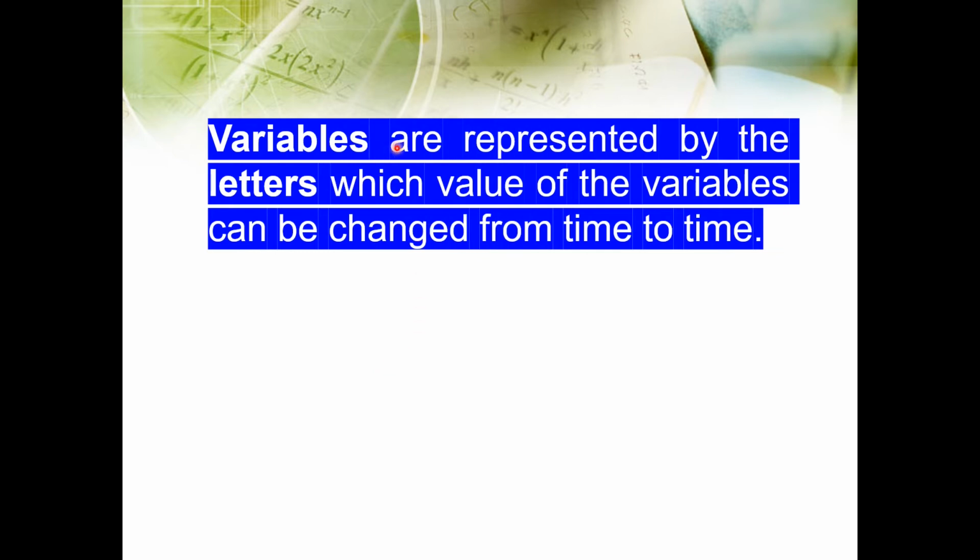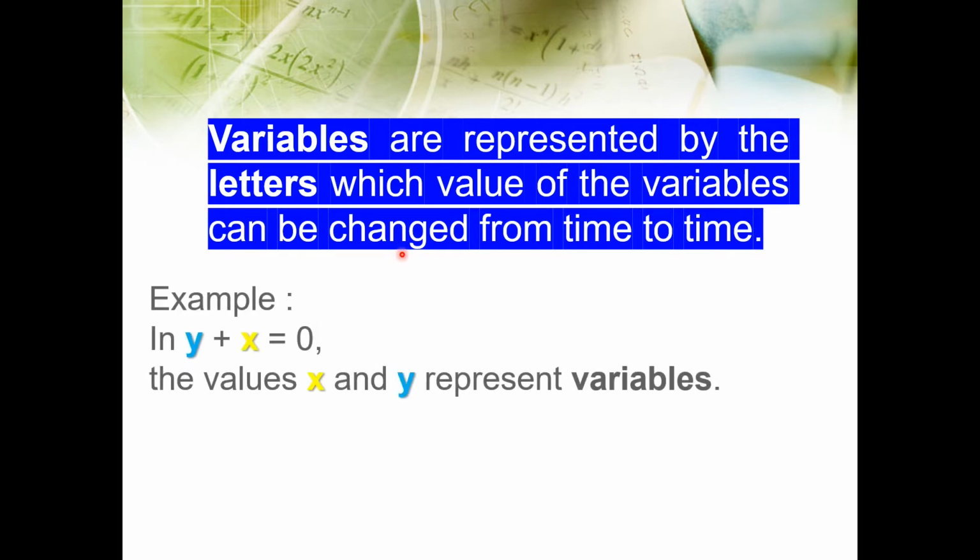Okay, I'm going to explain one by one, starting from the basics. I hope you can understand this. Variables are represented by letters, and the value of a variable can be changed from time to time. What does it mean? Let's see.